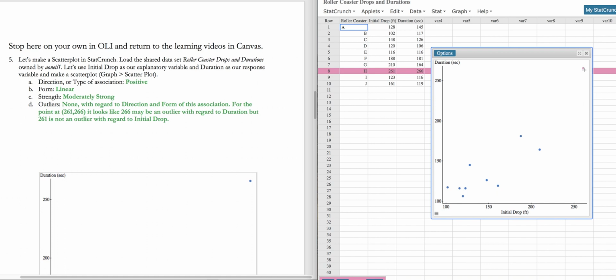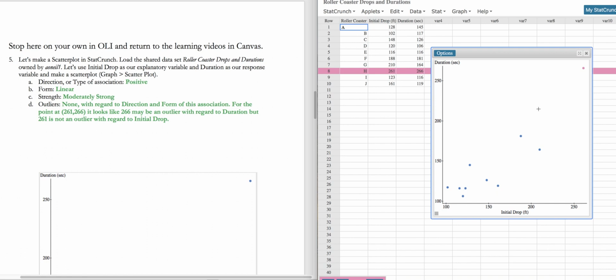Thinking about each of the pieces separately, if I'm thinking about just initial drops, well, there's initial drop here. I don't know what that is, 210, something like that. And then this one here, it's not the biggest distance change in initial drop. So I feel like the x coordinate here, the 261, is probably not an outlier.